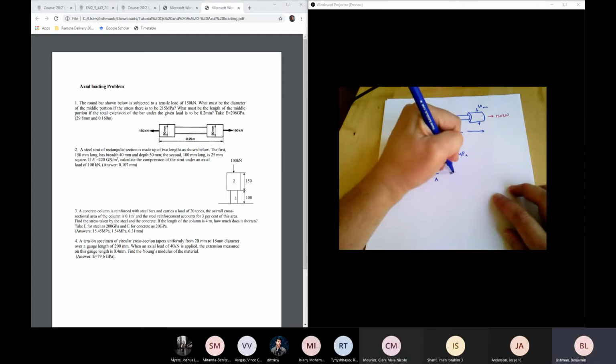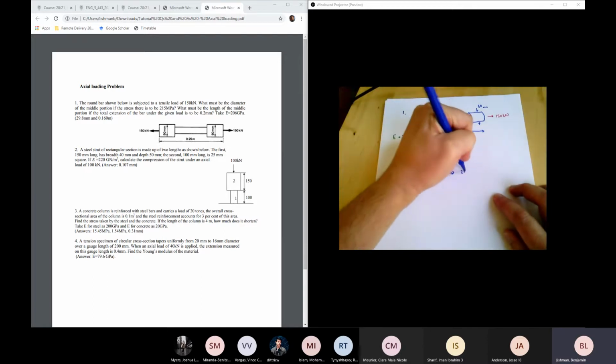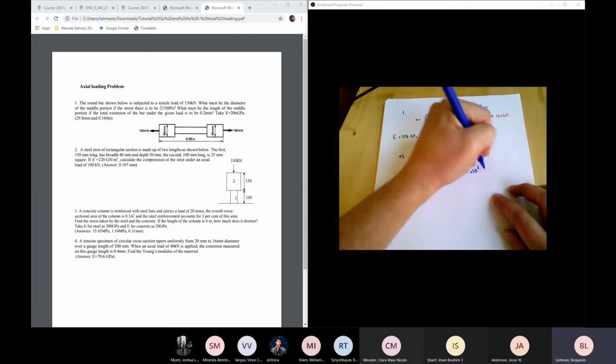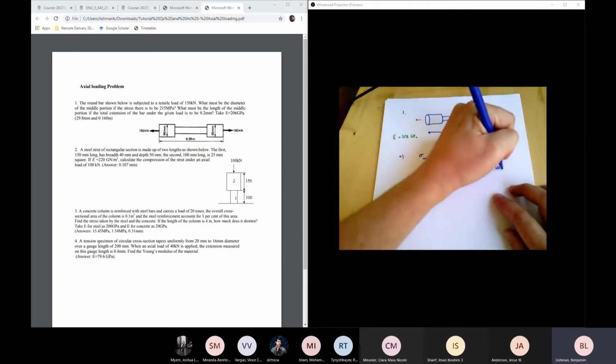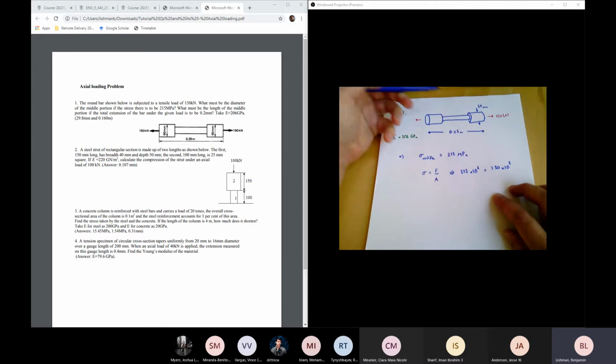And therefore, I guess I can say 215 times 10 to the 6 is 150 times 10 to the 3. The force, you might be happy just saying by observation the tensile stress anywhere in this bar is 150 kilonewtons.